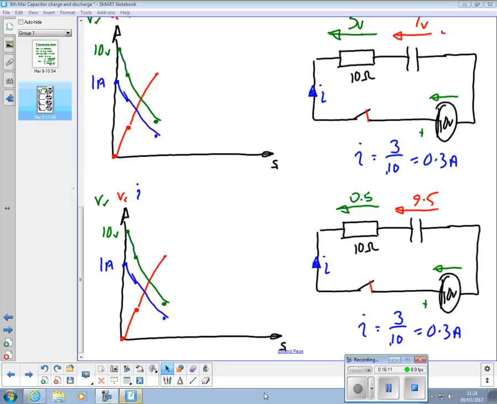Current 0.5 over 10, 0.05 amps. Okay, so that would happen after a considerably longer period of time, because remember the current's reducing all the time, so the rate of charge is reducing all the time, and so on. So we'd end up with a current down here somewhere.